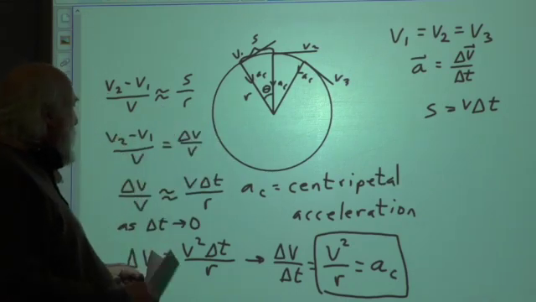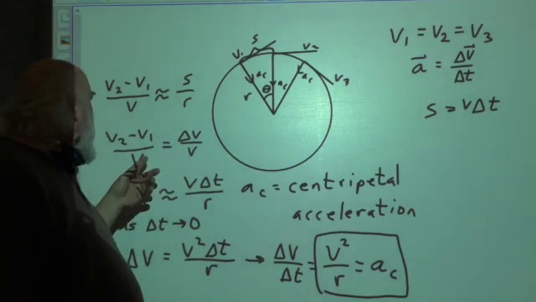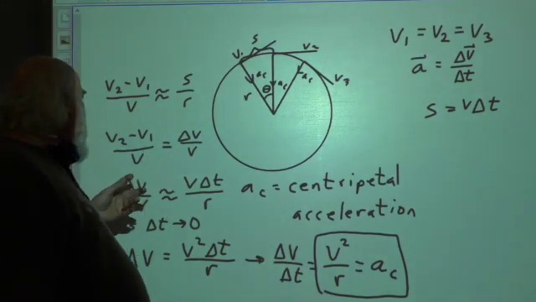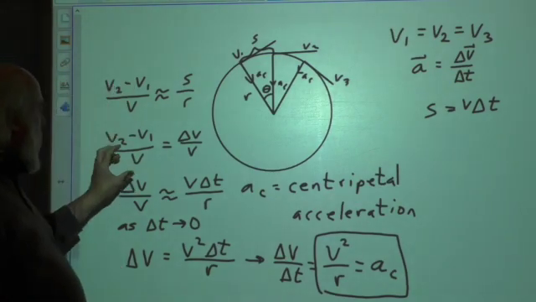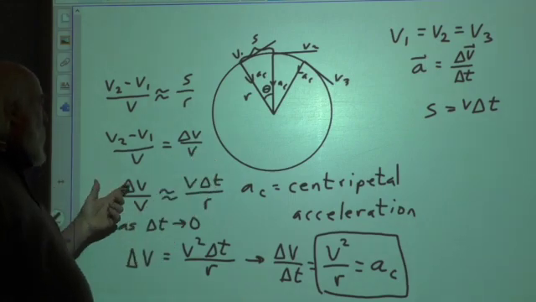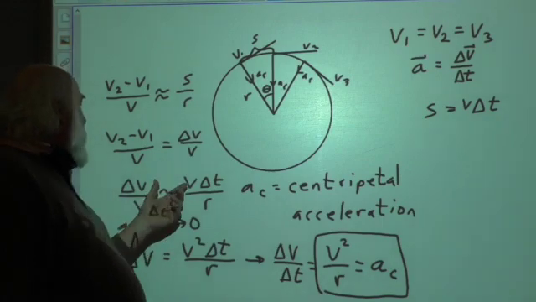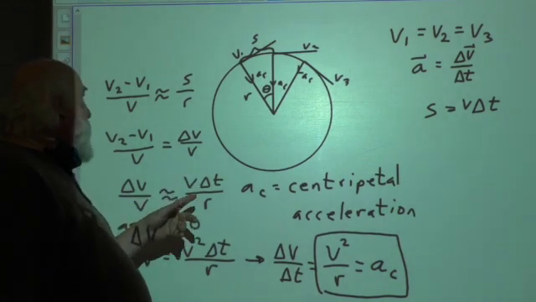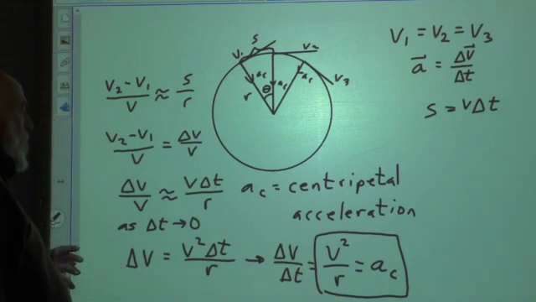And so we can see how this relates here. When we write down V2 minus V1 over V, we can rewrite that as delta V over V. Now delta V over V is going to equal the velocity times the change of time over the radius.